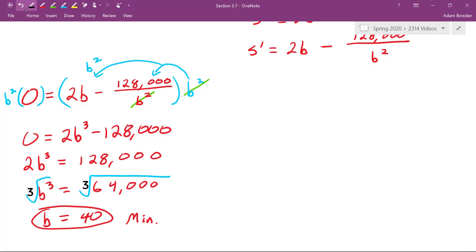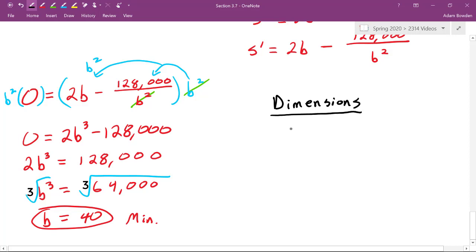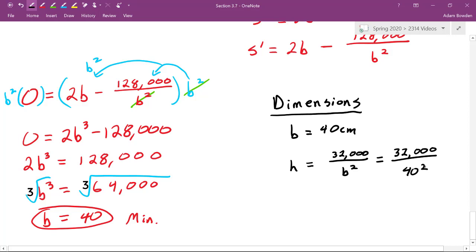And so the dimensions of this particular box, we need to have the base at 40 centimeters, and then for the height, our formula for that was 32,000 over b squared, so 32,000 over 40 squared, and that's going to equal 20 centimeters.